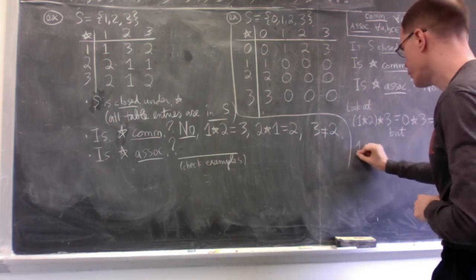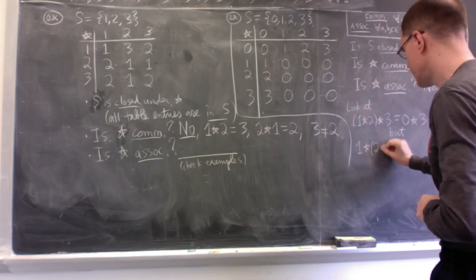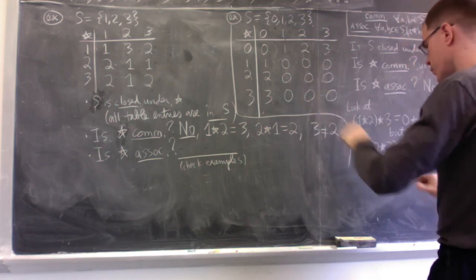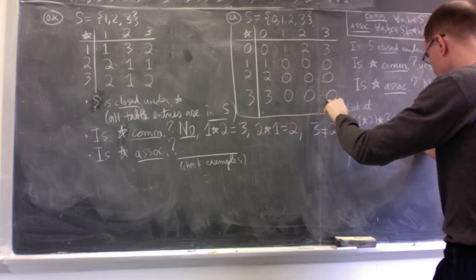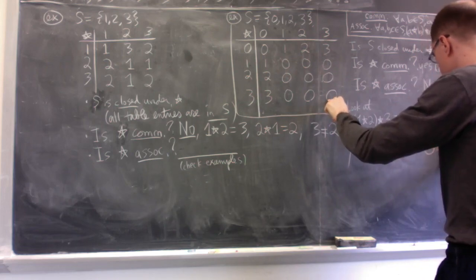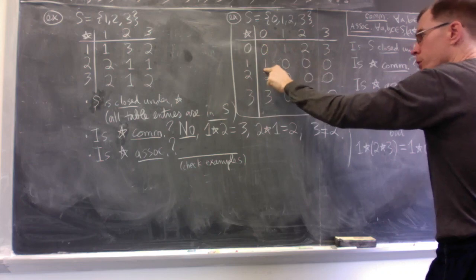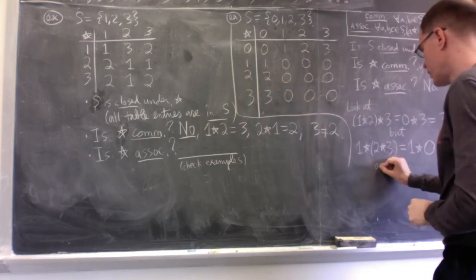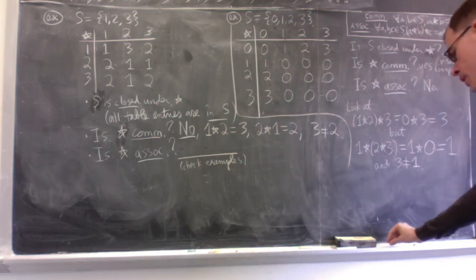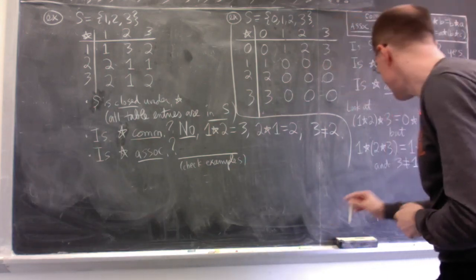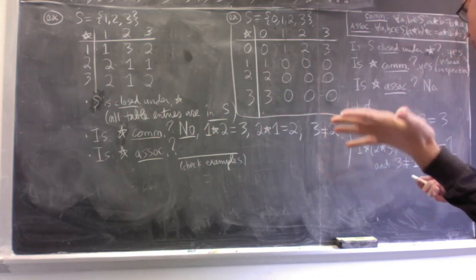But if I move the parentheses, I would discover that first of all, 2 star 3 is 0. So 1 star 0, but 1 star 0 is 1, which is not the same answer. Maybe just to make sure, sometimes it does work.